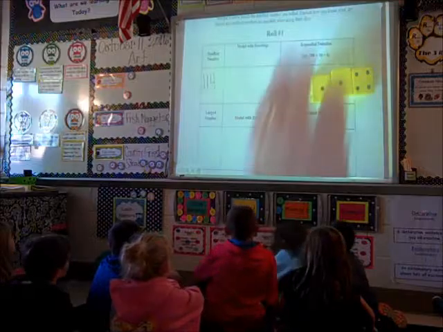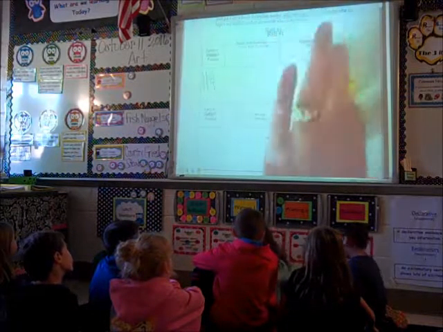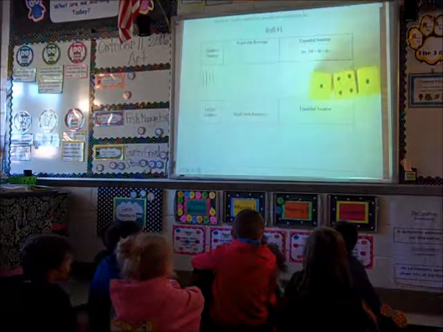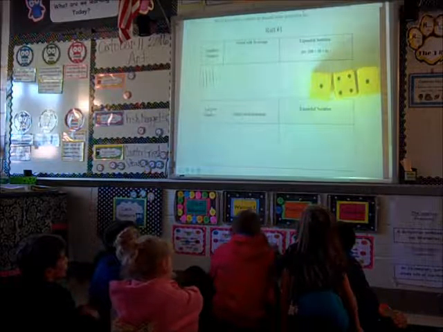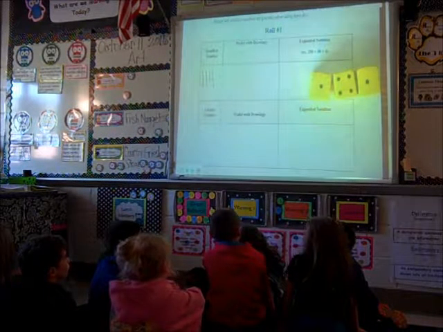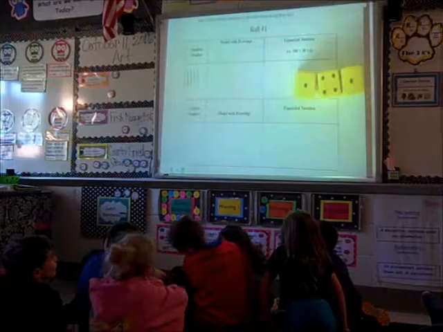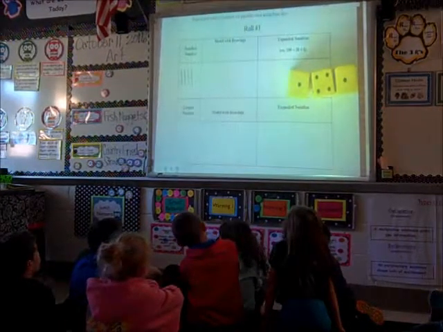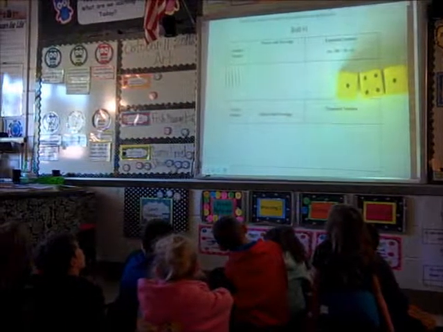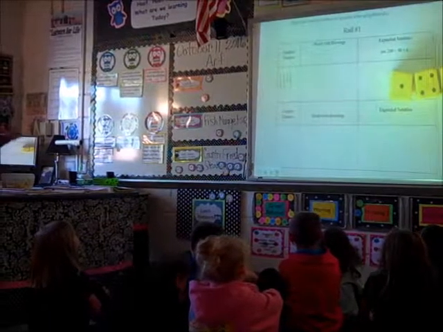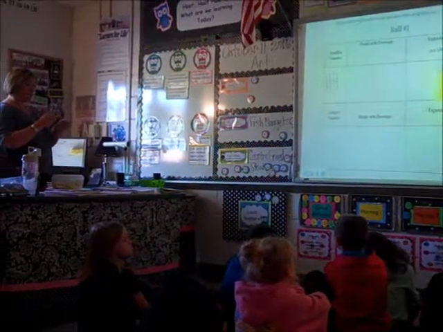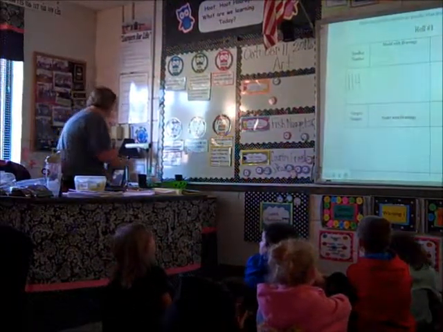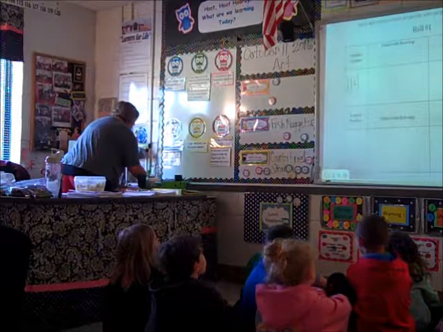What would happen if I did this? It would be 141. So how did I change the number? What place did I change the number in? 10. I changed it in the tens. So the tens place is where I'm looking to make the number smaller or larger with these 3 dice.